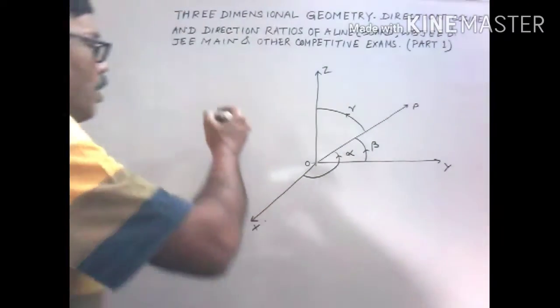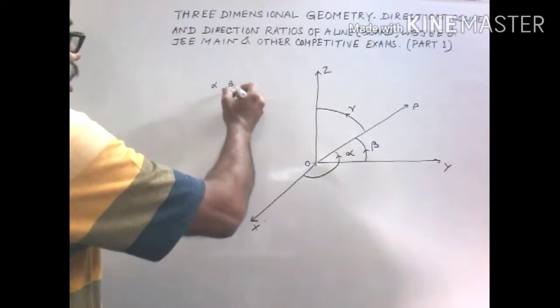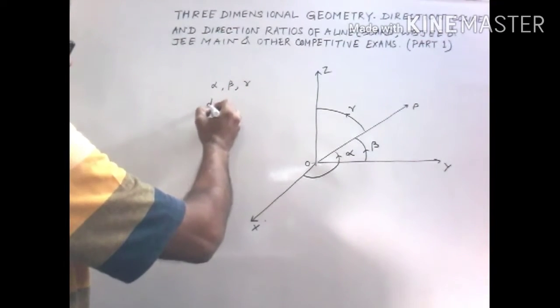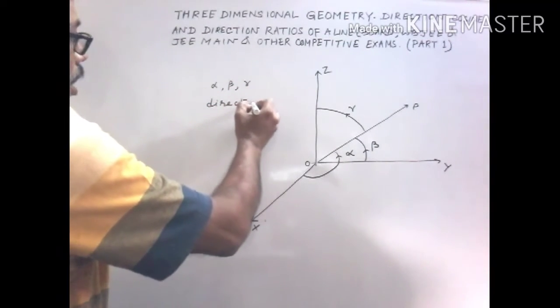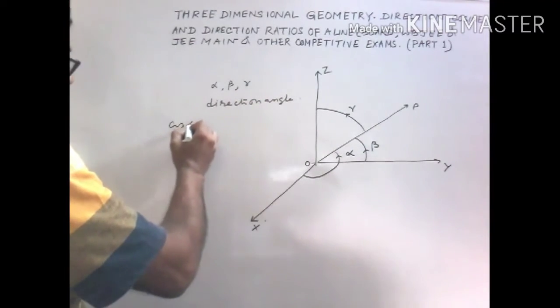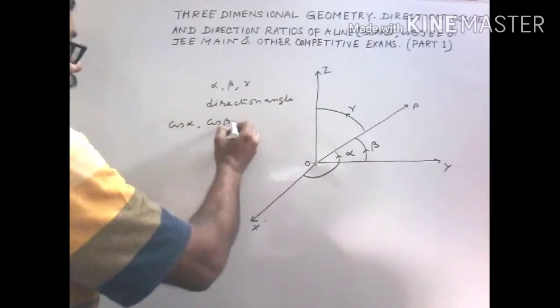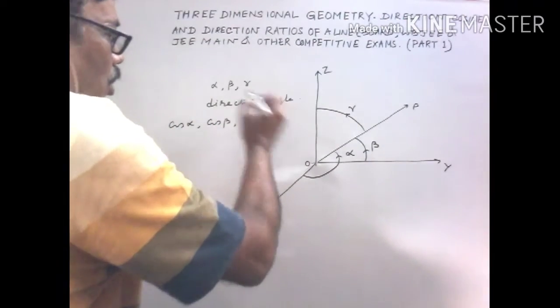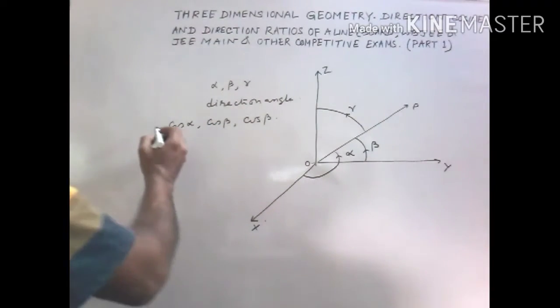Then alpha, beta, gamma are known as direction angles, and cos alpha, cos beta, cos gamma are called direction cosines.